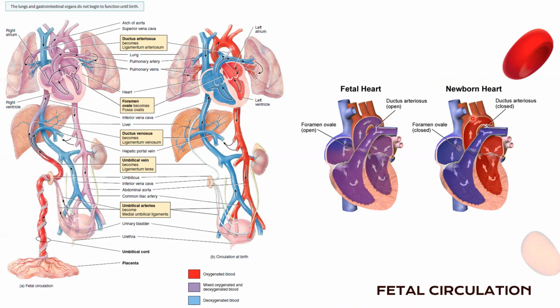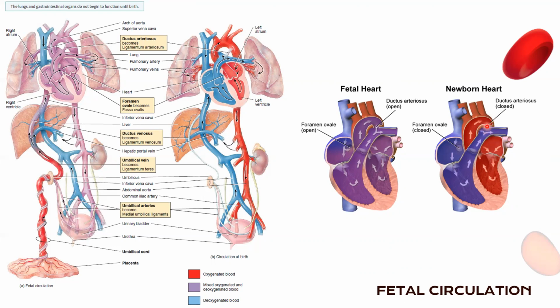And in a newborn, there should be a closure of the foramen ovale. There would now be fossa ovalis, and then there would be the ductus arteriosus from the open connection in the fetus, which becomes your ligamentum arteriosum after birth.